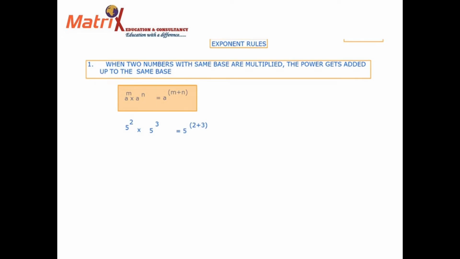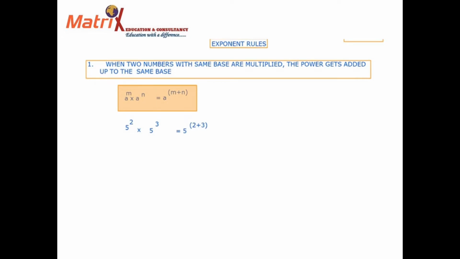Again, I repeat, when we multiply two or three numbers, but the base is the same and the exponential power is different, then the base is taken only once and the power gets added up. Like I have shown in the example, a raised to the power of n times a raised to the power of m. So what will happen?